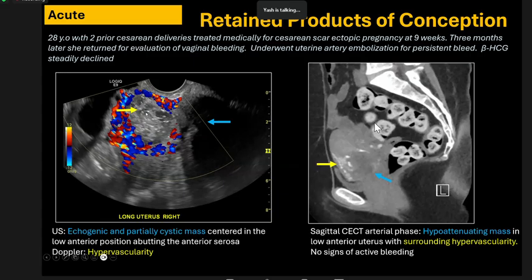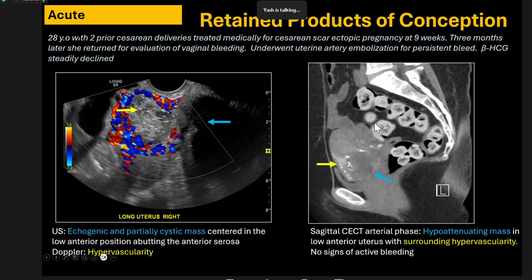The patient had been treated medically for the C-section scar ectopic, but there was concern because there was some vaginal bleeding, and when ultrasound was done, there was an echogenic mass at the scar site, and there was a lot of peripheral vascularity. So this is abnormal.